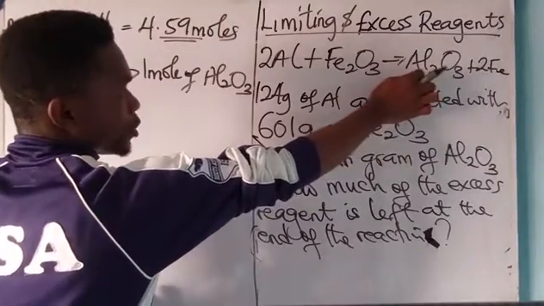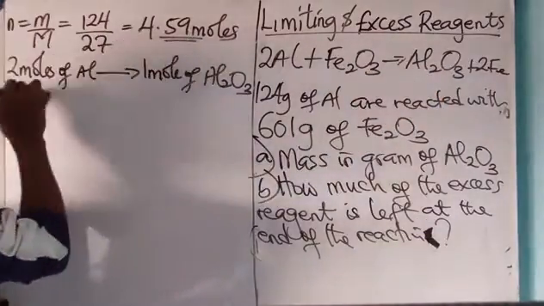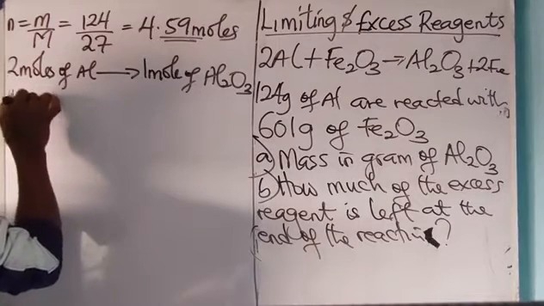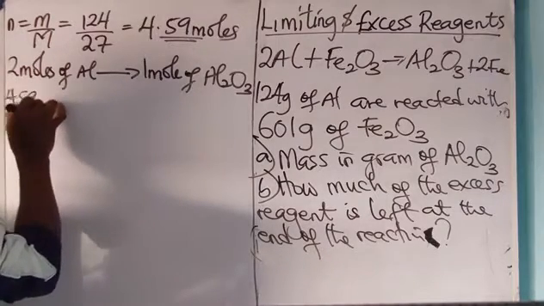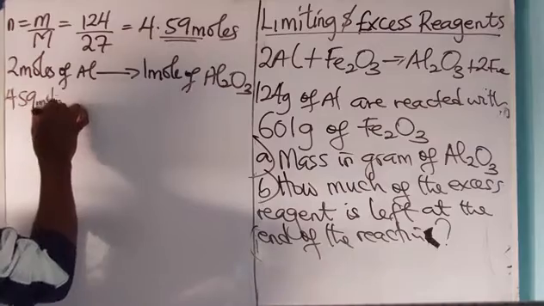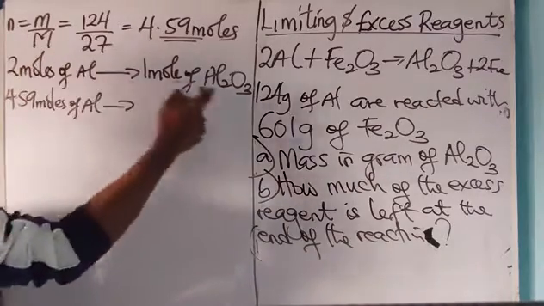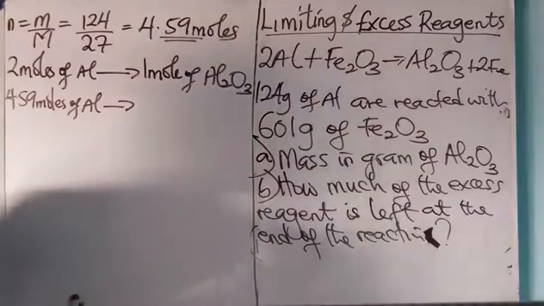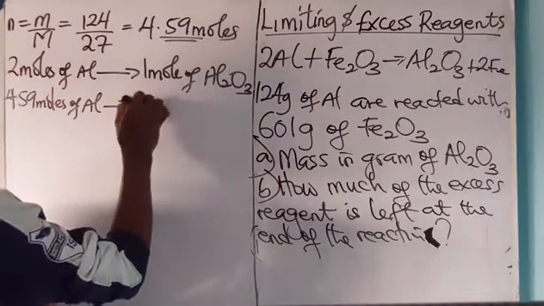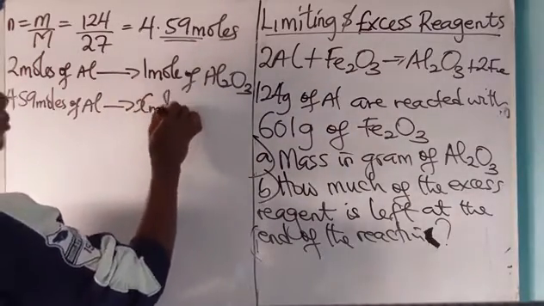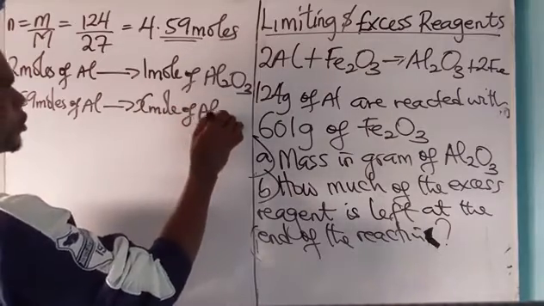Which means that 4.59 moles of aluminium will produce how many moles of aluminium oxide? So X mole of aluminium oxide.